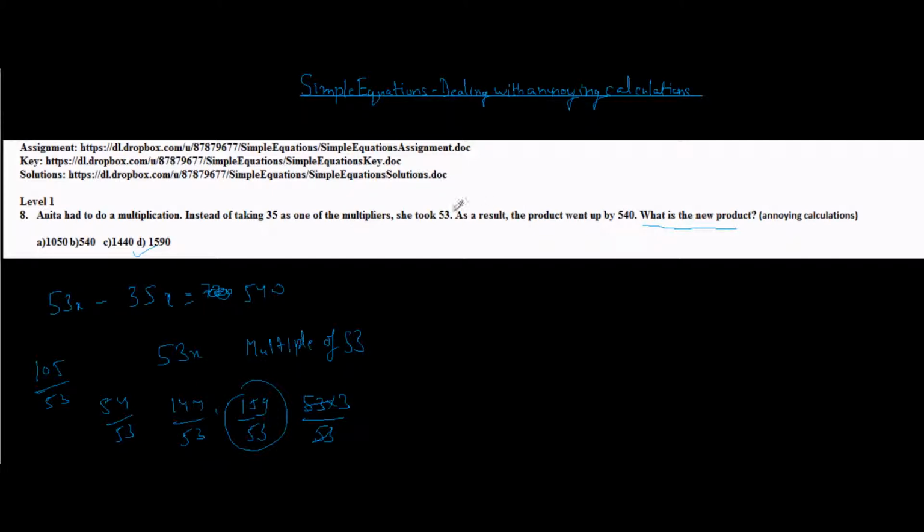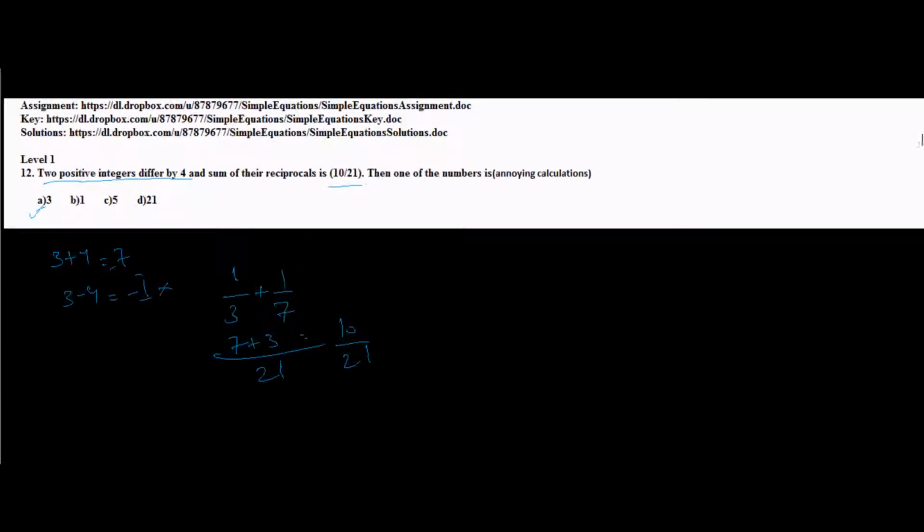So all we had to do was locate the multiple of 53, which turned out to be 1590. In the second problem again, we looked at the question which asked what one of the numbers is, and we tried out the options. We found that with option A itself, one of the numbers was satisfied.